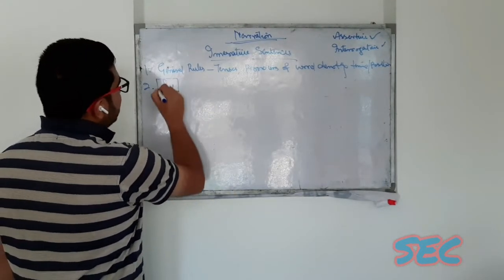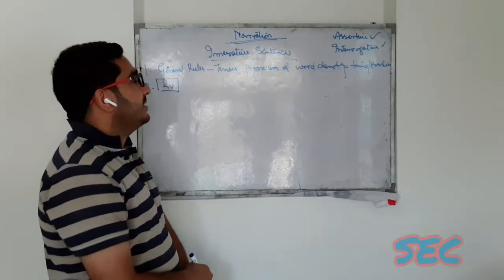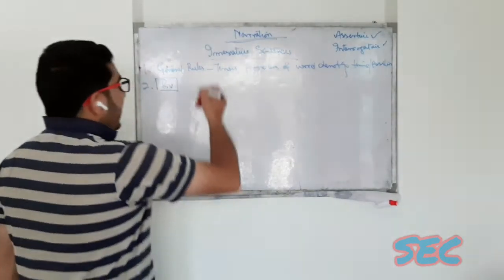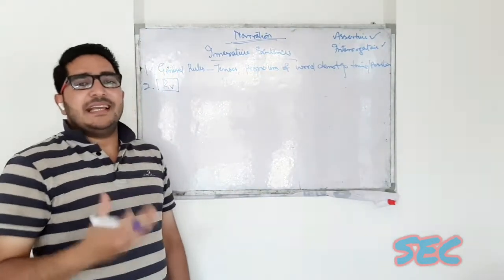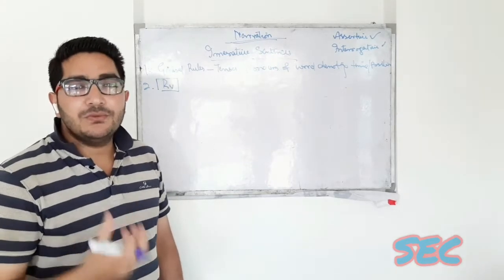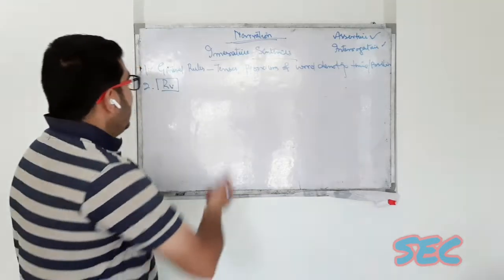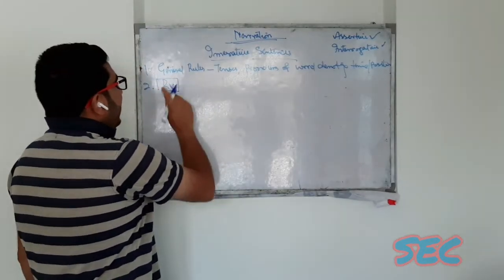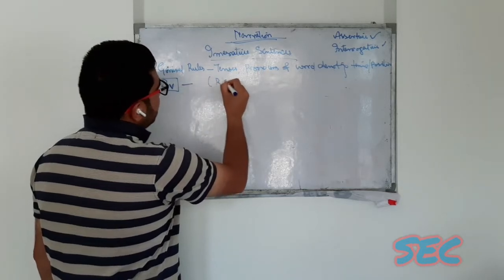How is the reporting verb changed in these imperative sentences? See, I already told you that imperative sentences express order, command, request, suggestion, advice, proposal. So, for example, this is the reporting verb and this is the reported speech.